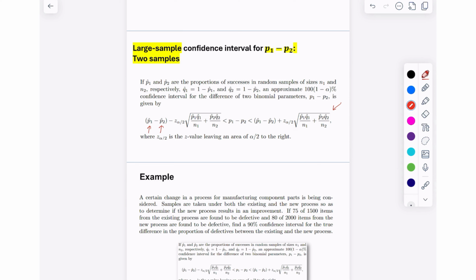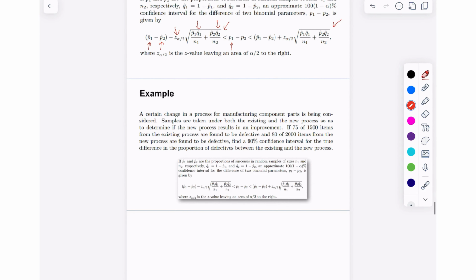Okay, so if you want to estimate P1 minus P2, then the estimator would be P1 hat minus P2 hat. If it is the other way around, then it should tally with the point estimator. So since it is for large samples, we consider the Z distribution. And we also need to know Q1 hat and Q2 hat to construct the standard error terms.